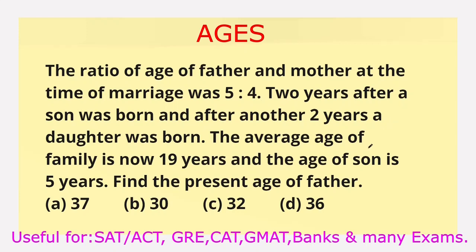The average age of family is now 19 years, and the age of son is 5 years. Find the present age of father. The given options are option A 37, option B 30, option C 32, option D 36.